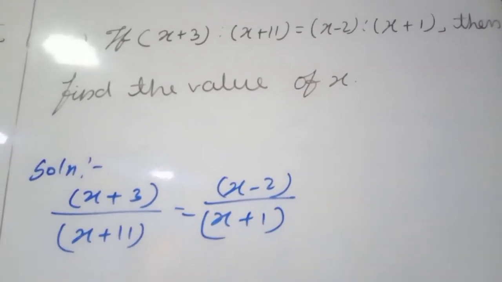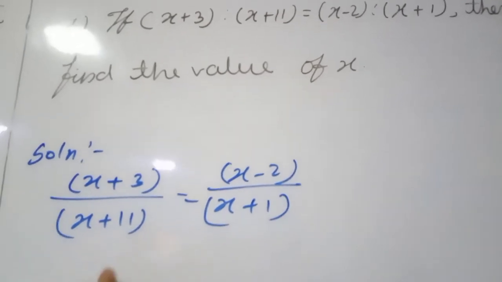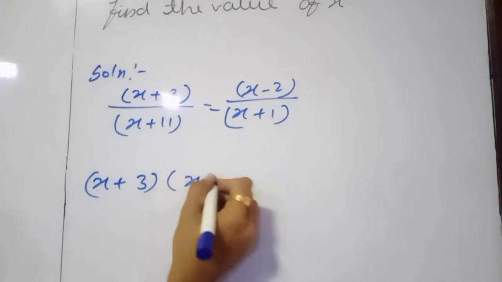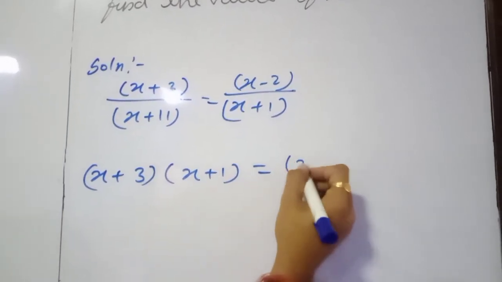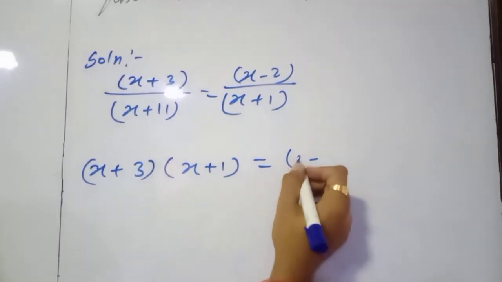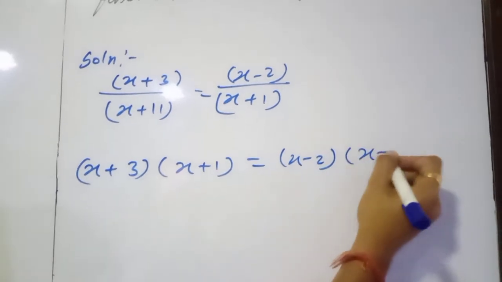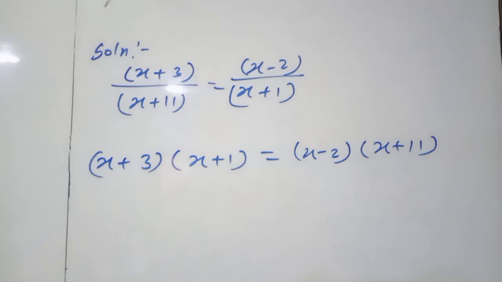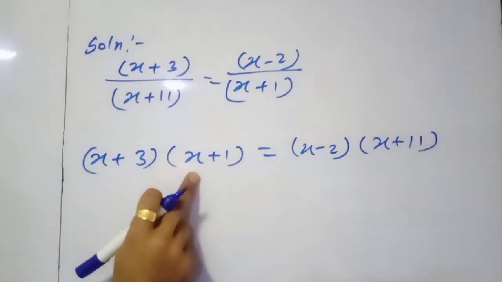We are going to do the cross multiplication of these brackets. x plus 3 multiplied with x plus 1 is equal to x minus 2 multiplied with x plus 11. Whenever we are multiplying these kinds of two brackets, both the elements should be multiplied with the second bracket.